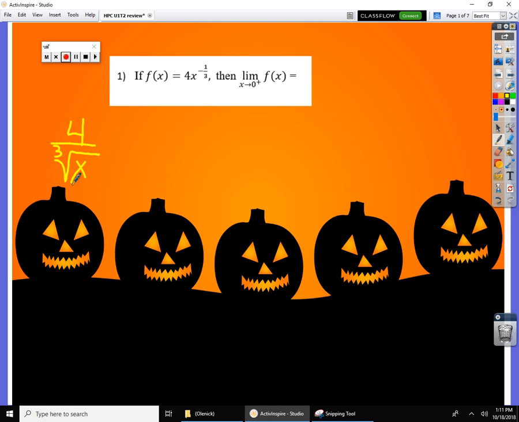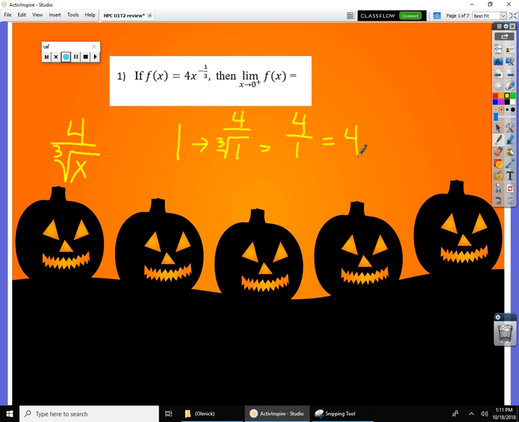So I'm going to go with 1 because 1 is bigger than 0. If I plug in 1, that is 4 over the cubic root of 1. What is the cubic root of 1? 1, because 1 times 1 times 1 is 1. And 4 divided by 1 is 4.